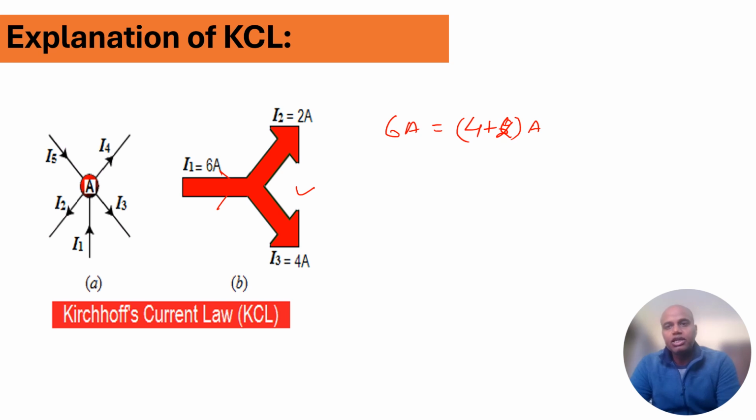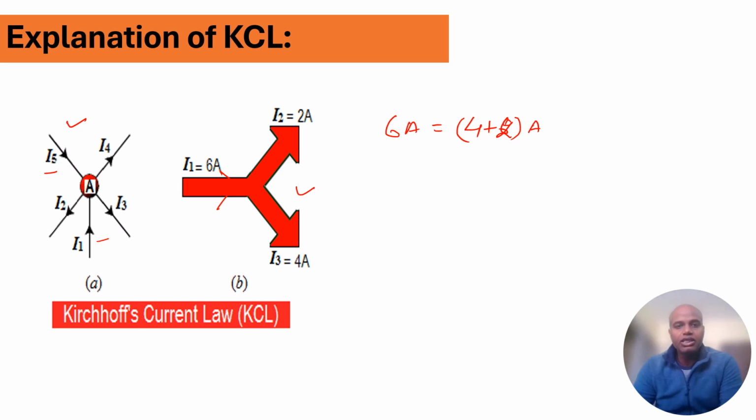Instead of saying that the algebraic sum of the total current entering or leaving at a given node equals 0, that can be understood in another way: the total incoming current should equal the total outgoing current. For this circuit, the incoming currents are I5 and I1, and I4, I3 and I2 are the outgoing currents.